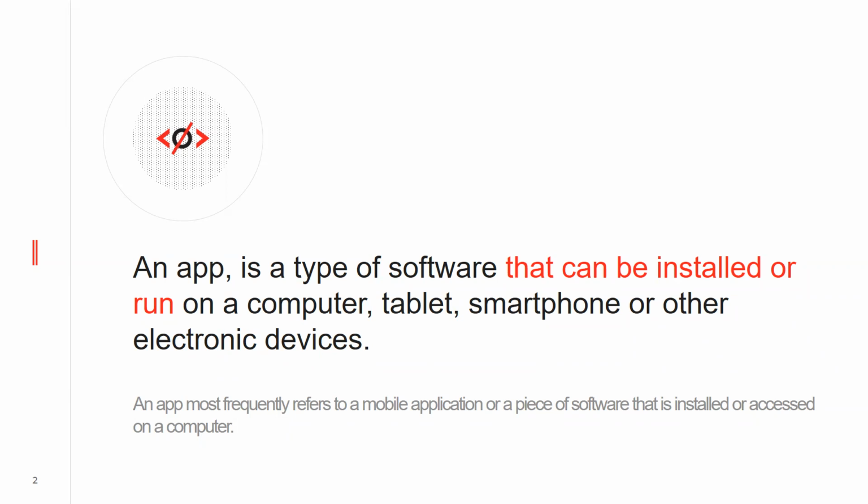So these are the softwares that are either installed or directly run through browsers. Generally, when you say an app, we most frequently refer to a mobile application, but there are other kinds of applications as well that we'll see in the next slide.